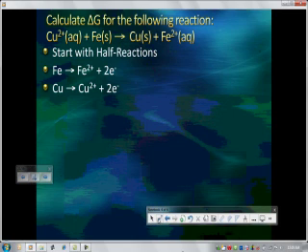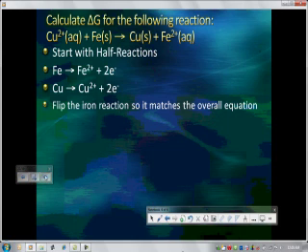So I have this written backwards from what's on our table. We are going to flip the iron reaction because it's not written this way on our table. It's a reduction table, right? So we're flipping the iron, but we'll keep the copper as it is.